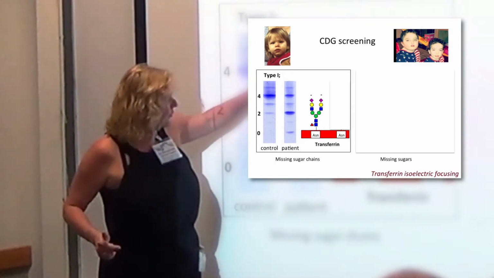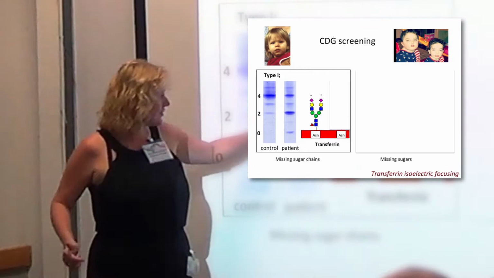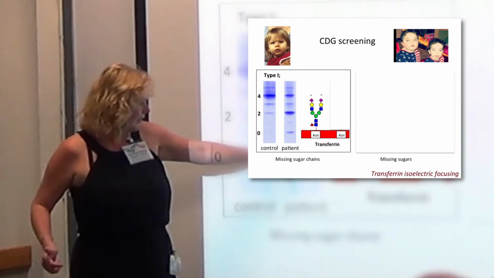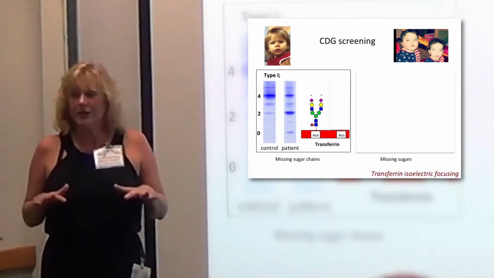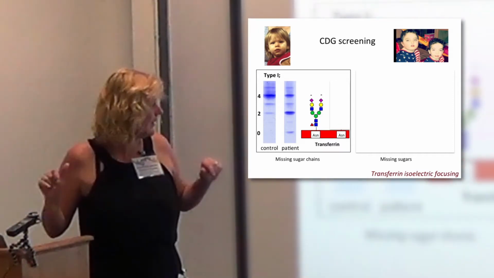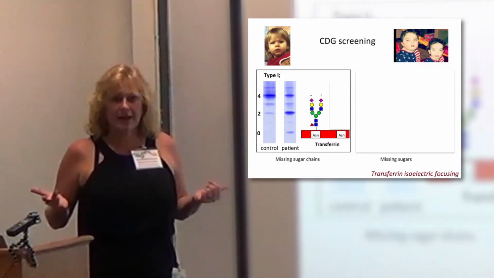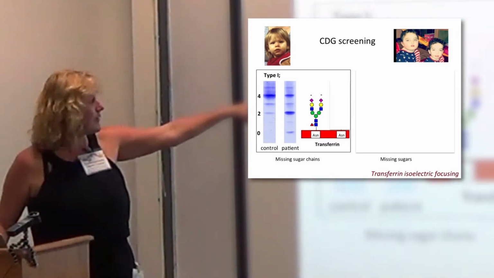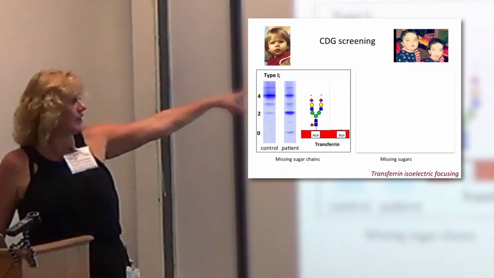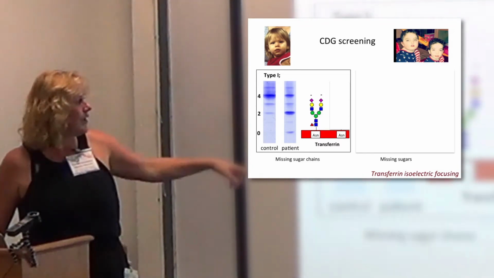So you see some of the normal, but you see also that 2 negative charges are here, and some of the test results show that there are proteins which are totally missing the glycans. They are totally empty. So you just run this gel and you show your glycosylation abnormality. So remember, type 1 CDG is missing a whole antenna.